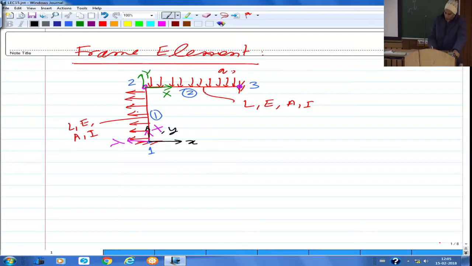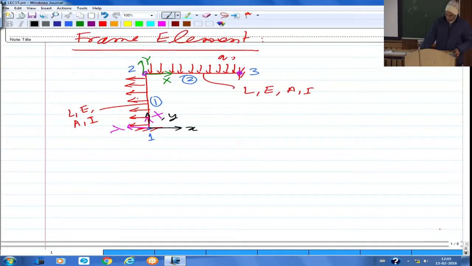As far as the second element is concerned, the local element coordinate system x and y is parallel to global X and Y, that is capital X and capital Y. Whereas for the first element, local and global coordinates are different. So we need to transform the equations for the first element.